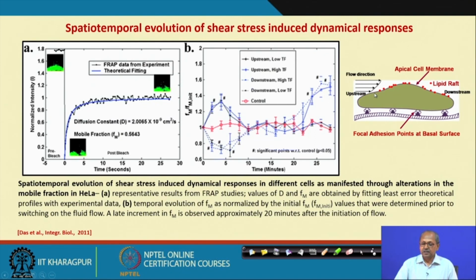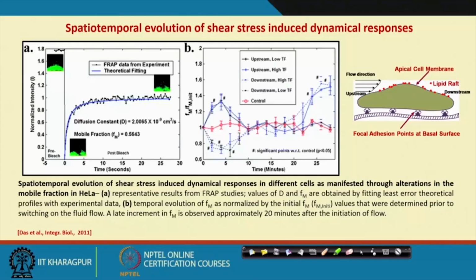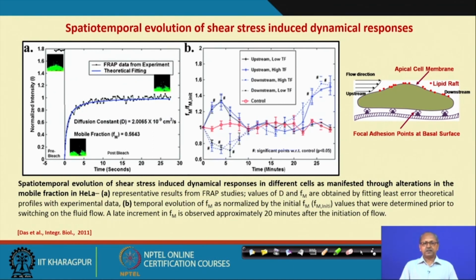Means temporarily the fluid flow influences membrane fluidity upstream and downstream, and as time goes on, at 20 minutes there is not much difference with respect to control, but after 20 minutes the difference arises again. So by this setup we can assess how the fluid flow is affecting the membrane fluidity, which is measured by FRAP analysis.